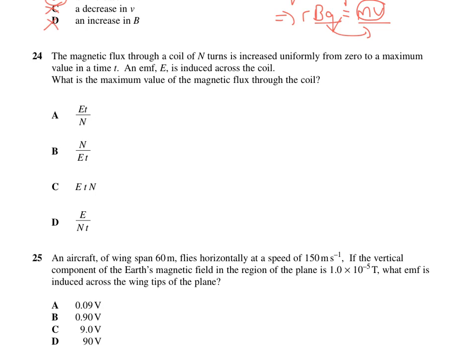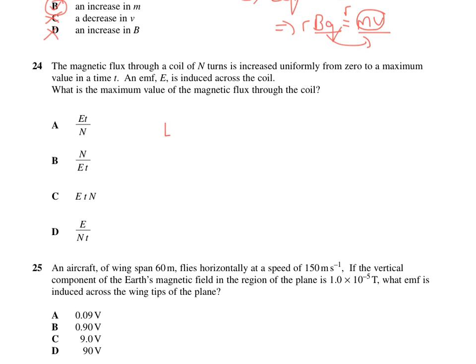The magnetic flux through a coil of N turns is increased uniformly from 0 to a maximum value in time t, and EMF E is induced across the coil. What is the maximum value of magnetic flux through the coil? So if you remember, an EMF is the rate of change of flux.